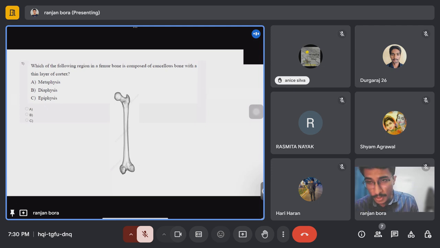See, which part is it talking about? In the femur bone, we have this part, and then we have this part. So what is this part? This part is epiphysis, and this part is... anyone know?